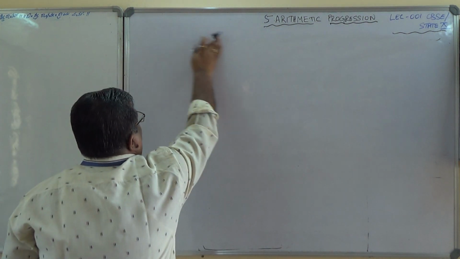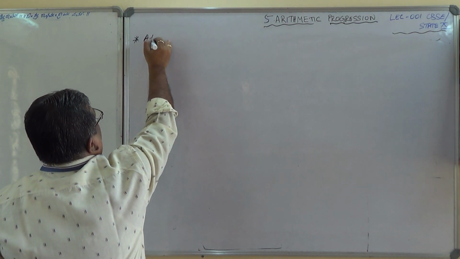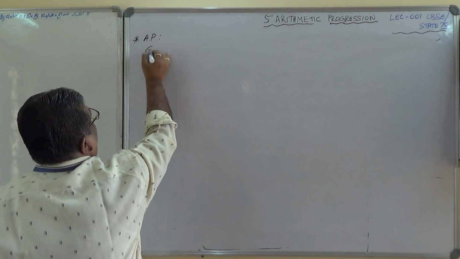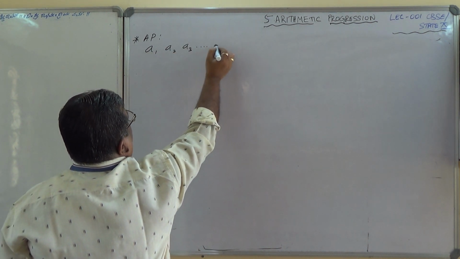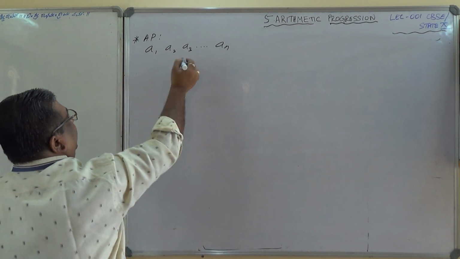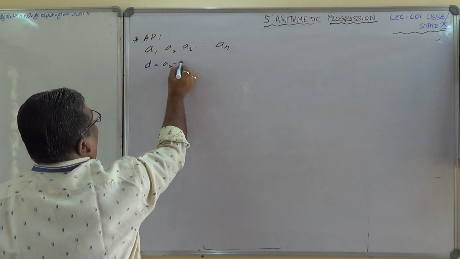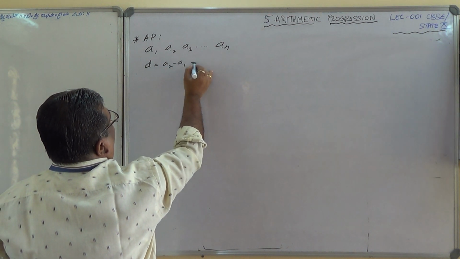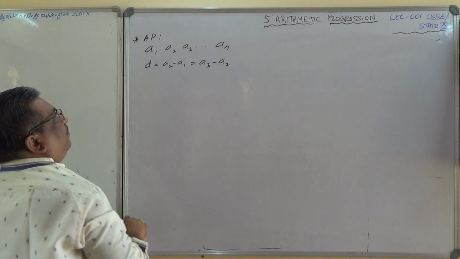An AP is given by an arithmetic progression. An AP is given by A1, A2, A3, dot dot dot up to AN, if there exists a common difference D such that A2 minus A1 equals A3 minus A2, etc. It continues, isn't it?